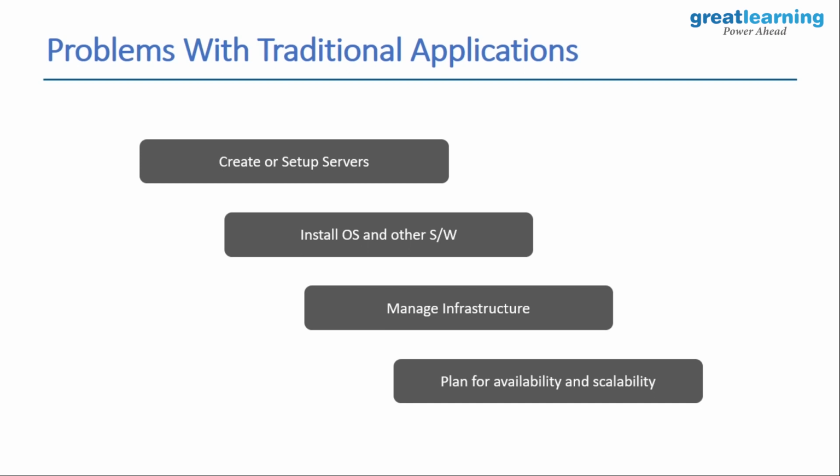We'll discuss that as we move further. When you talk about availability in particular, it is nothing but making sure that your resources are always available. This can be done by ensuring that your data gets replicated somewhere, so that if your application goes down, you have a backup of your data somewhere. So these were some of the issues. When you talk about traditional applications, you had to plan all these things.